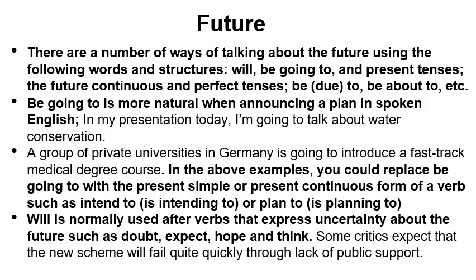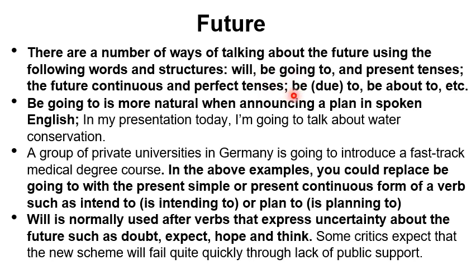Talking about the future can be done in many different ways. We can use will, for example, which is the most common way to talk about the future. Also, we can use be going to. We can use present simple or present continuous.